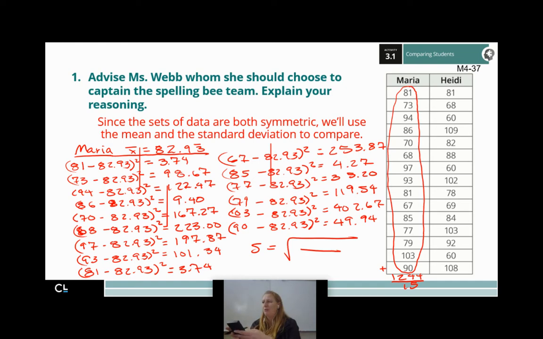So 3.74 plus 98.67 plus 122.47 plus 9.40 plus 167.27 plus 223 plus 197.87 plus 101.34 plus 3.74 again, plus 253.87, glad we fixed that, plus 4.27, plus 35.20, plus 119.54, plus 402.67, plus 49.94.